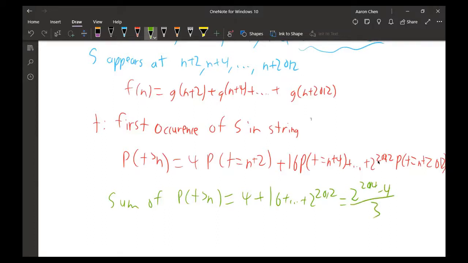And the total sum of the probabilities that t is greater than n is just the expected value of t, which is what we wanted. So that's the answer to this question.